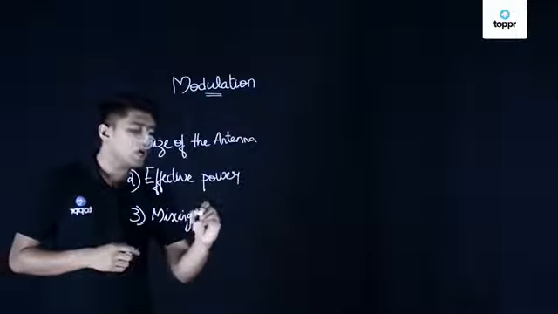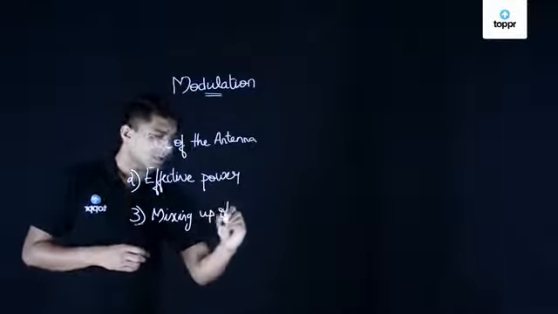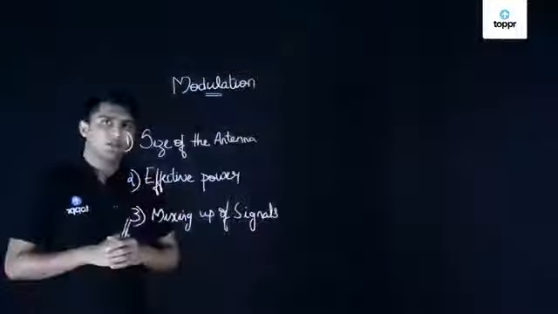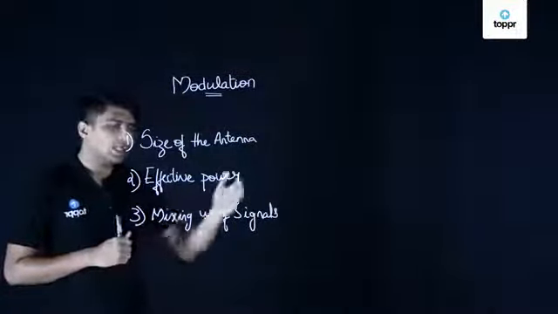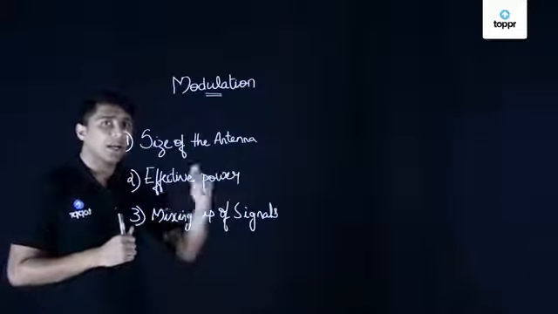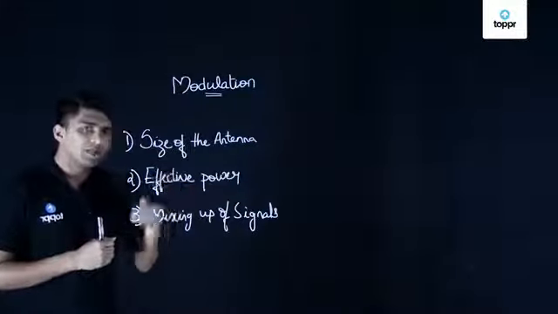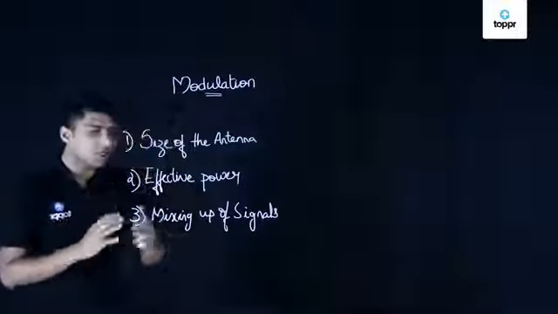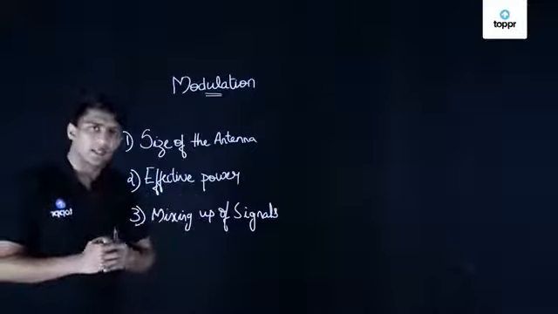So when we are transmitting an electronic signal in the range of audio frequency, these three factors will be stopping us. That is the size of the antenna, effective power, and mixing up of signals.